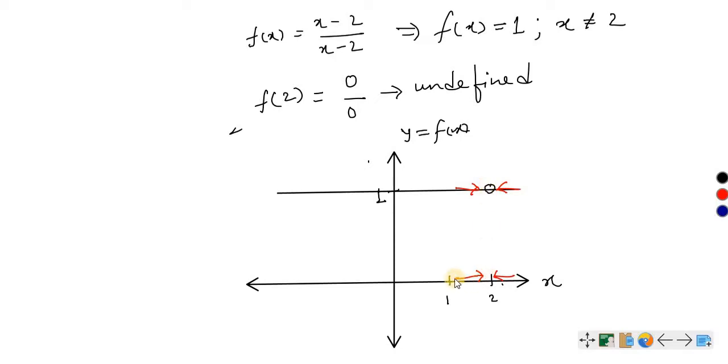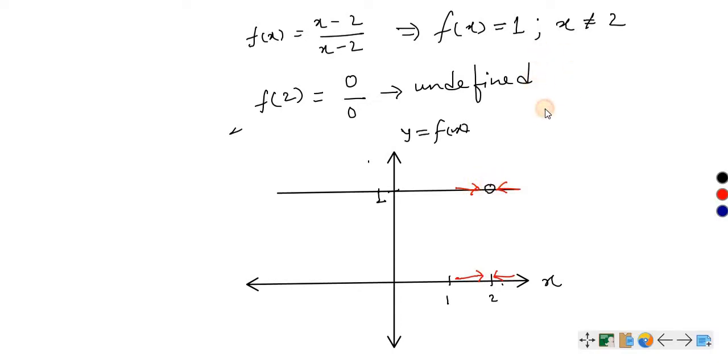So indirectly I am saying that if x is approaching 2 from the left hand side or right hand side, the function f of x gets limited around this gap, or you can say the function is also approaching the gap.